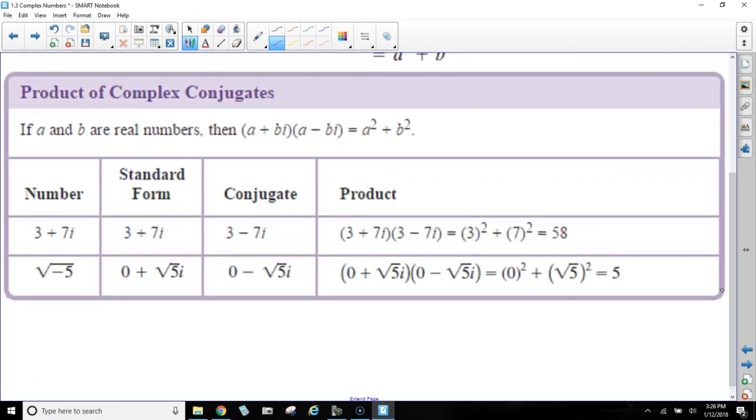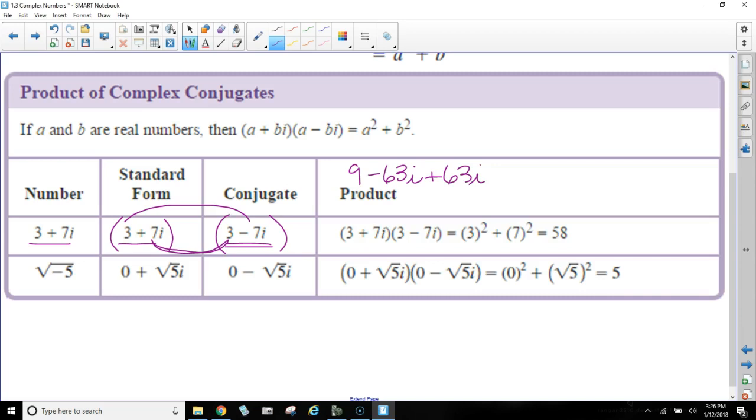If you have the number 3 plus 7i, its conjugate is 3 minus 7i, and if you would FOIL those out, first times first would be 9. Outer times outer, the 3 times the negative 7i, would be negative 63i. Inner times inner is positive 63i.